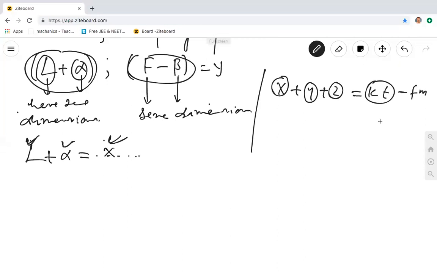If I write, I must say the dimension of x is the same as the dimension of y, same as the dimension of z, same as the dimension of kt, same as the dimension of fm. All these have the same dimensions. This is very important. Let me tell you how it becomes very important, how it is going to solve problems.